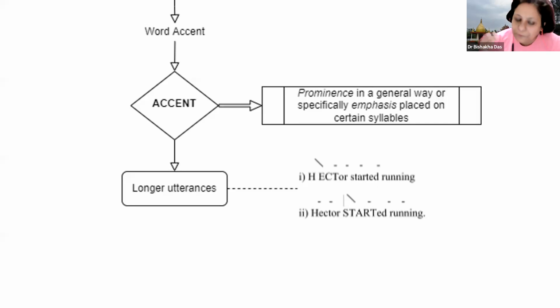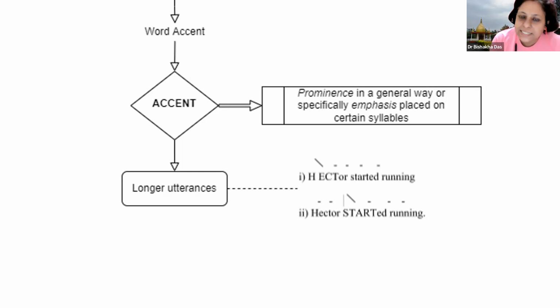So we see the falling pitch is on the first syllable of Hector, and the pitch of the rest of the utterance is relatively unchanging and lower than the starting point. So the English speakers will perceive stress on the first syllable.